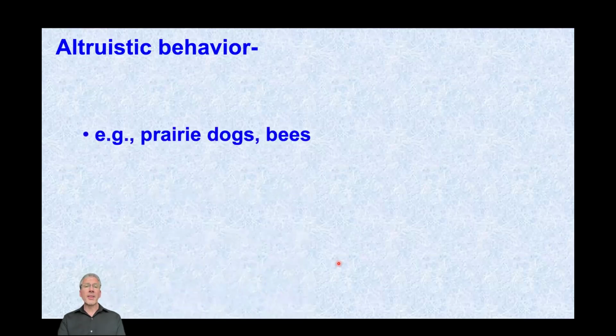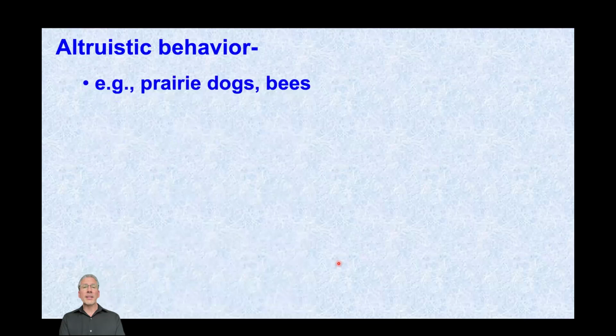But often this results in that organism helping closely related individuals survive. So, for example, prairie dogs, if they detect that there's a predator nearby, often will emit this sort of chirping call. And that tells other prairie dogs, hey, be careful, there's a predator nearby. Now, it turns out that puts that initial prairie dog more at risk of being eaten by the predator.